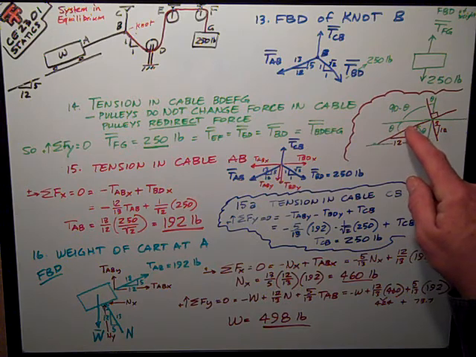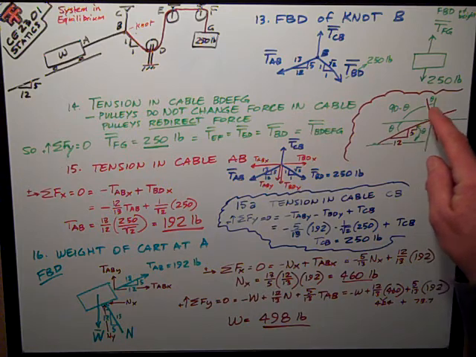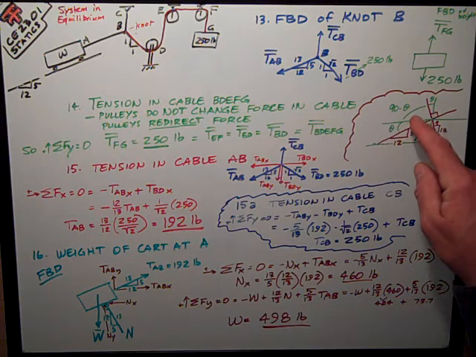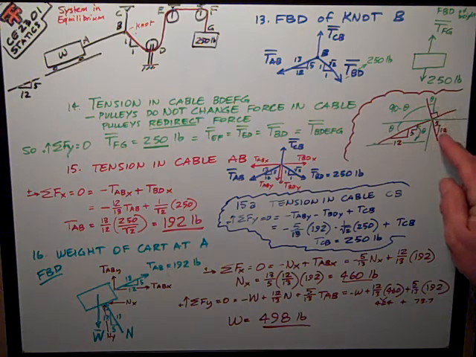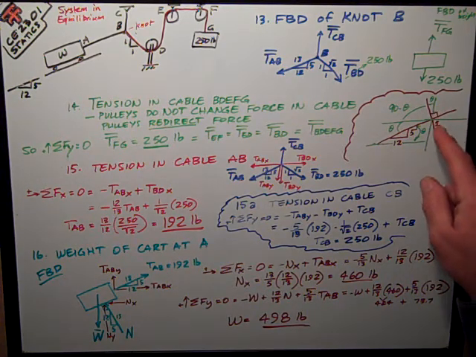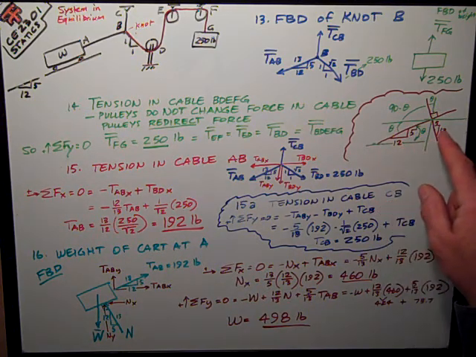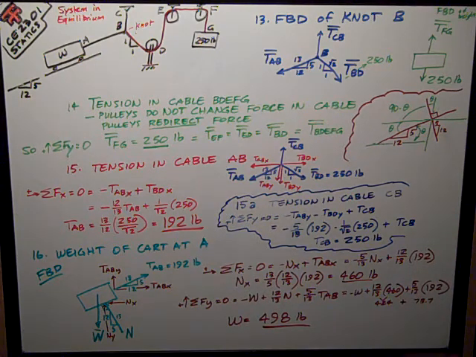So if this is theta, this is 90 minus theta, the angle between that green horizontal line and my normal force line. If that's 90 minus theta, and that angle is 90 degrees, that angle's got to be theta. And if that angle theta is theta to the vertical, which is the same angle as this line to the horizontal, then the slope relationship of the normal force has got to be 5 to 12 in that orientation.